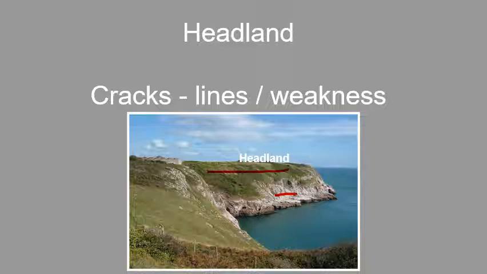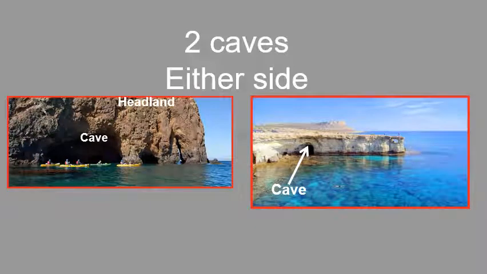After many, many years of this process of erosion, that headland will get eroded away. And what we start to see is, where those cracks in the headland were, the formation of a sea cave. And over here in the second diagram, you can see the second sea cave. Now listen carefully to me.